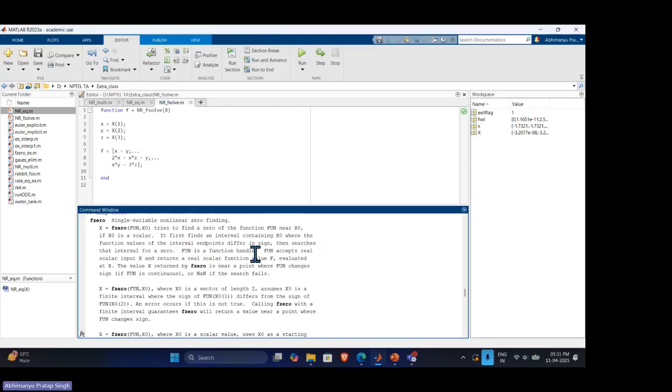So this basically runs, this is basically the root, what's that method called? Second method, I think. I think it's the second method.